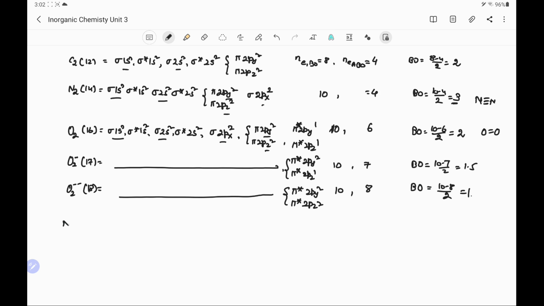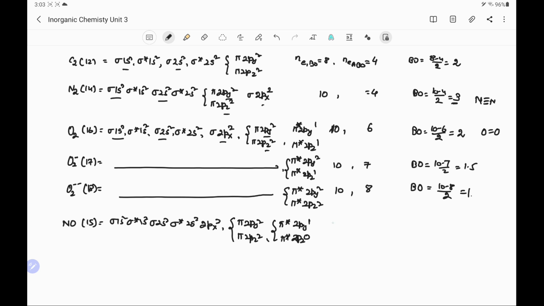And also, if we write the configuration for NO, which contains 15 electrons, then the configuration will be sigma 1s2, sigma star 1s2, sigma 2s2, sigma star 2s2, then sigma 2px2, and then these pi orbitals pi 2py2, pi 2pz2, and after that it has pi star 2py1 and pi star 2pz0.